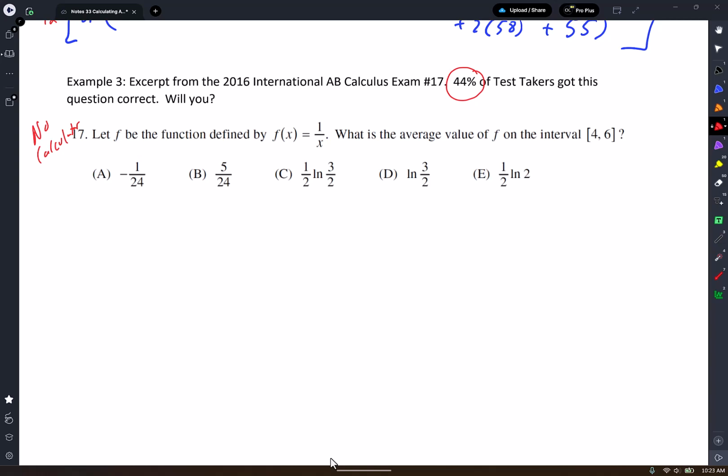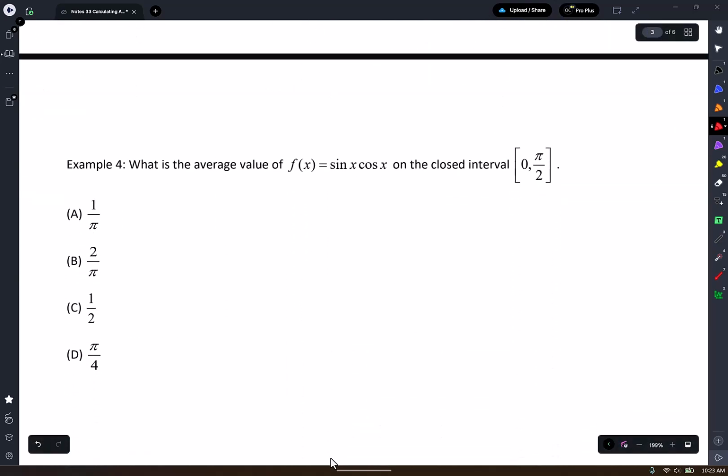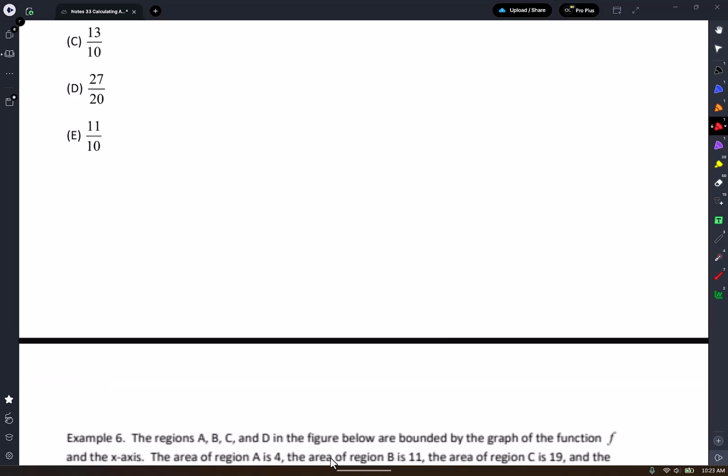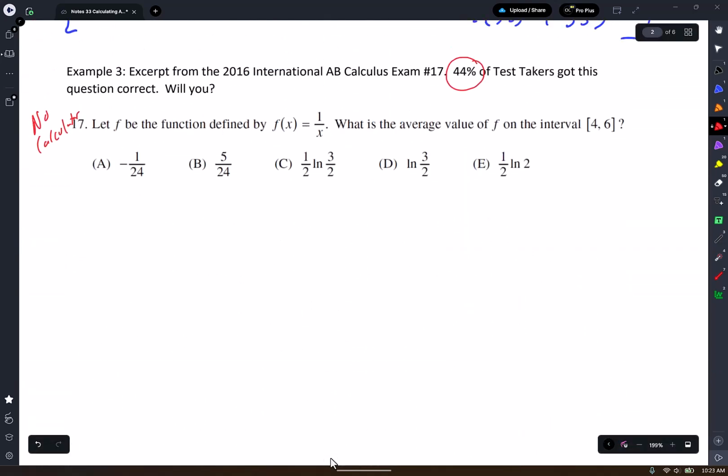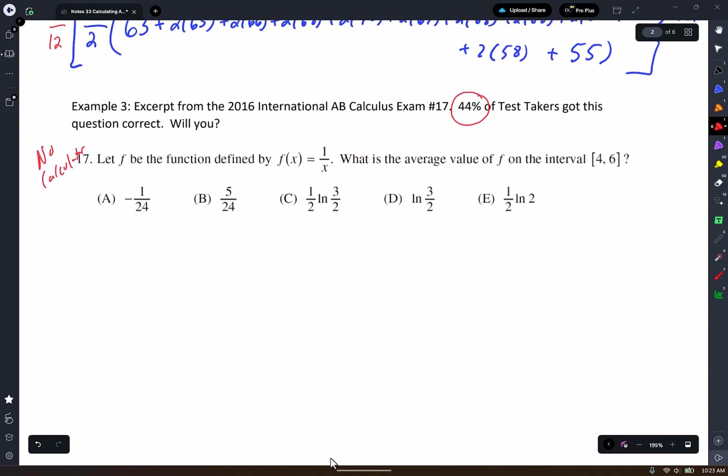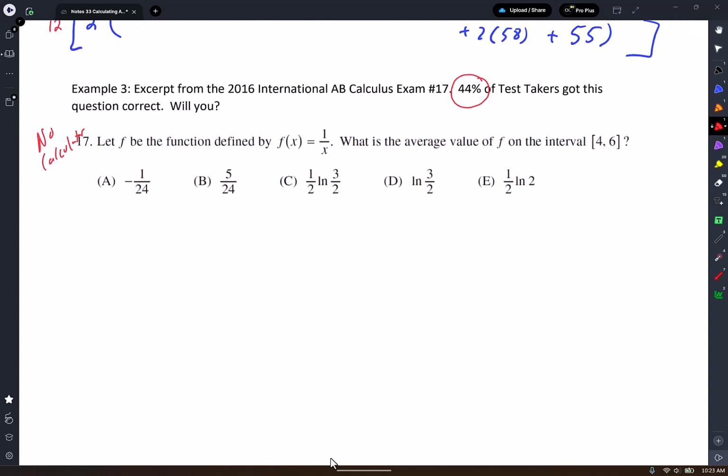What might stop us is the algebra. If you're still going, if you think you're going in the right direction, keep going. I'm going to just get started here.